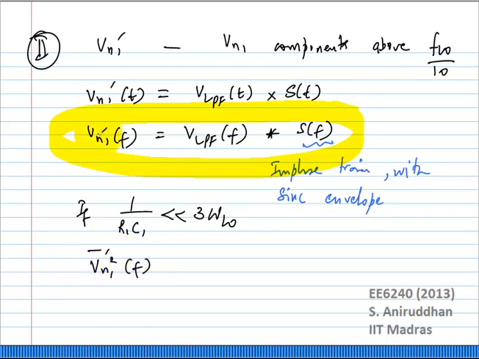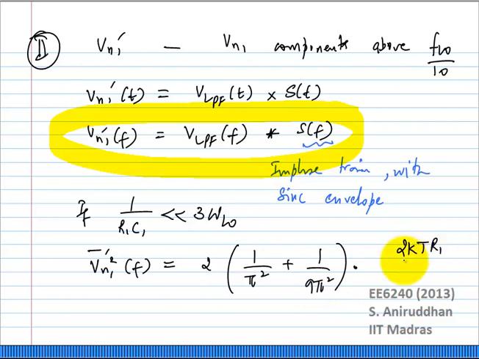This is actually Vn1 prime of f and Vn1 squared prime of f. So you get the following expression. This is the first term. This is the third term. And this is Vn1 squared LPF, which is 2 kT R1 by 1 plus f the whole squared.